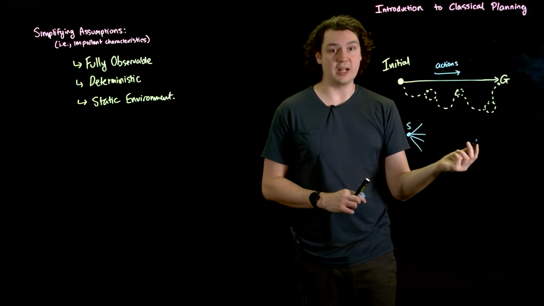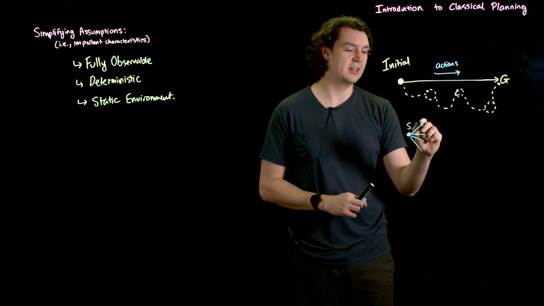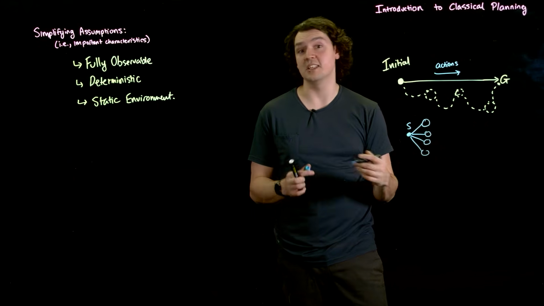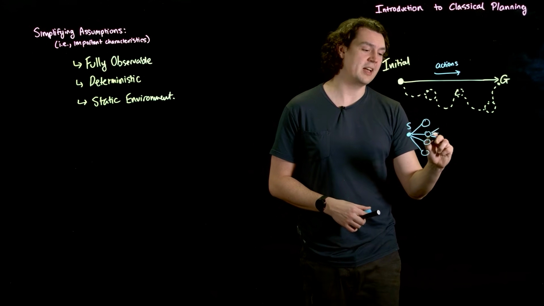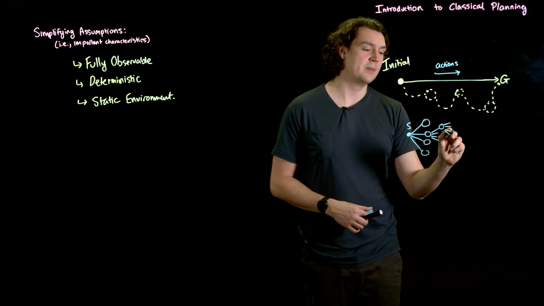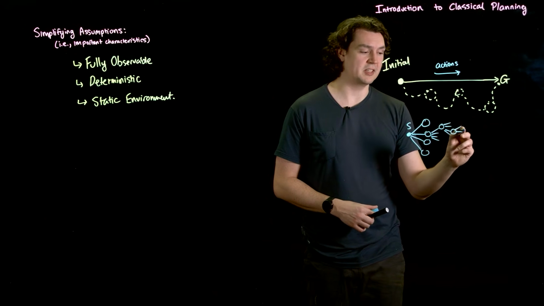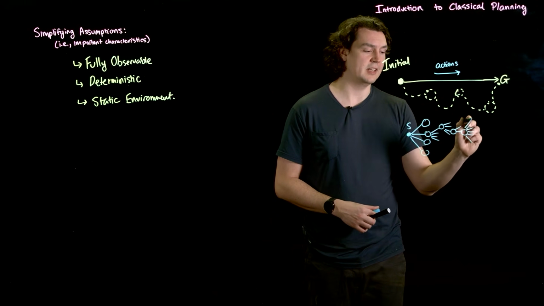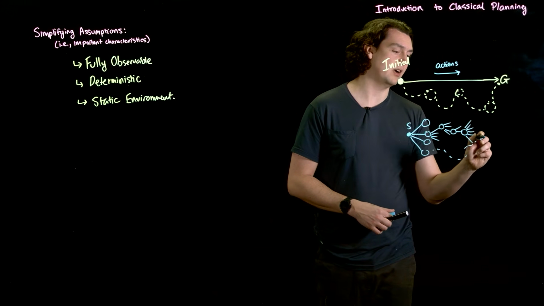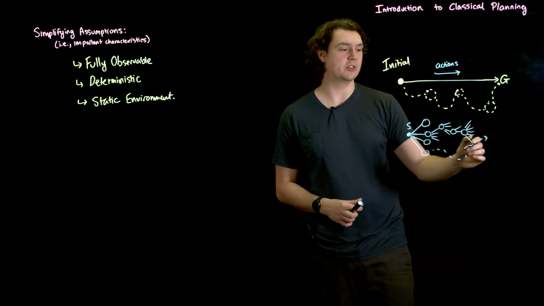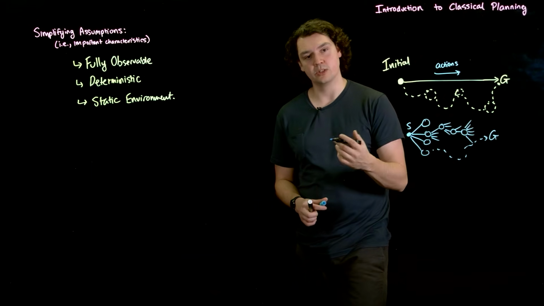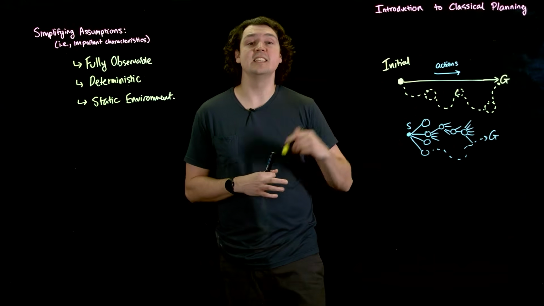You look at the possible actions, the branching factor that you can do, and from each of these we define a new state, a new node. From there, you look at all the things you can do, and so forth. Sometimes you have different numbers of things that you can do. And we're trying to find some version of the path that gets all the way to our goal. Of course, this is not easy.